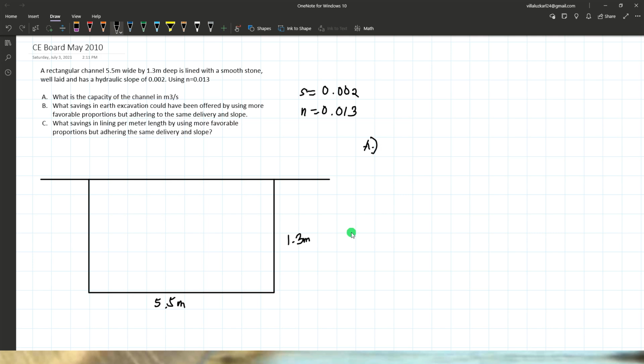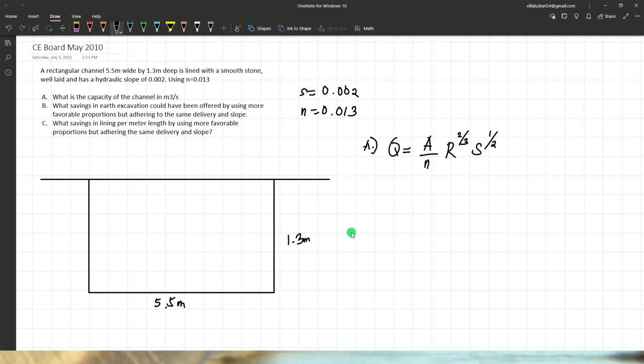So here, using Manning's formula, Q is equal to area over N multiplied by the hydraulic radius raised to 2/3, times S raised to 1/2.